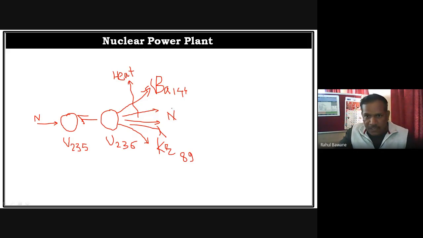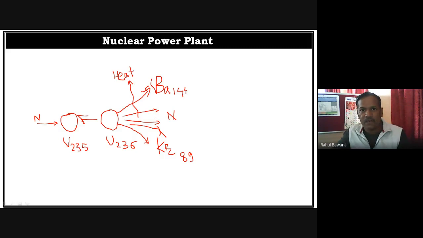Next, whatever neutrons are emitted during this process, those neutrons again strike the next uranium atom, and it again splits. And this kind of process continues, that is called a chain reaction. If we do not control this chain reaction, then it will act like a nuclear bomb.